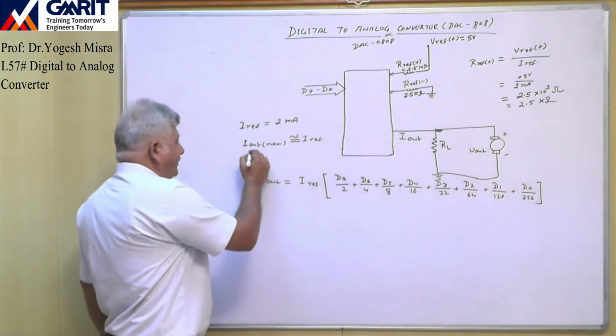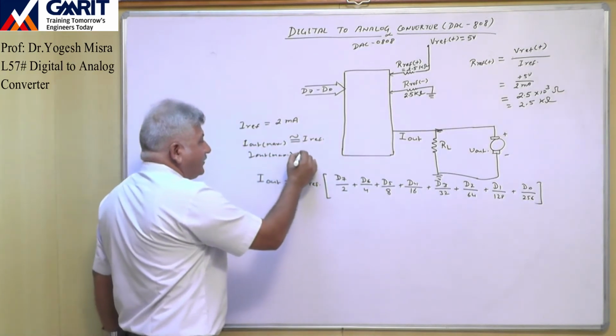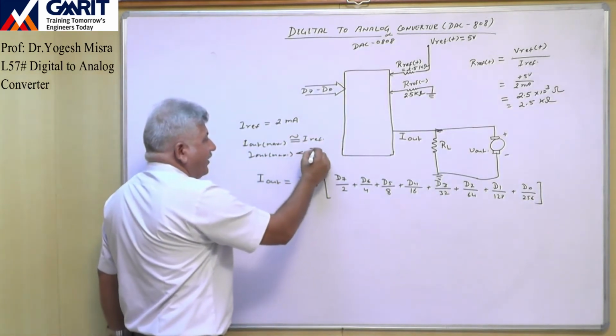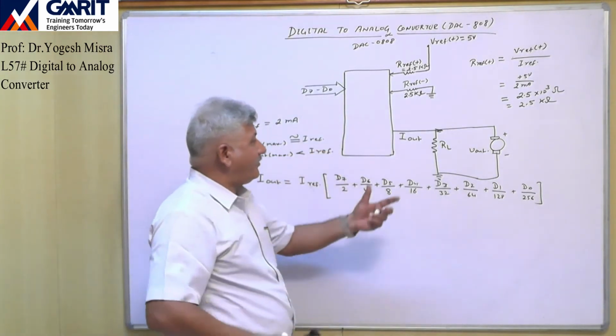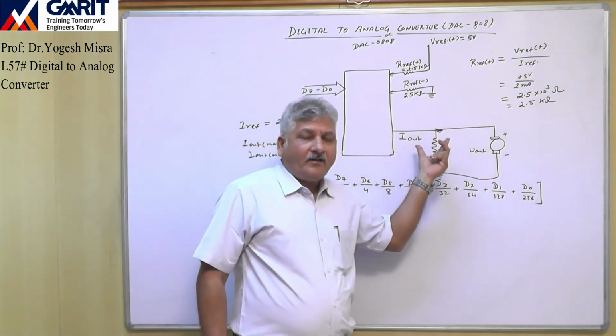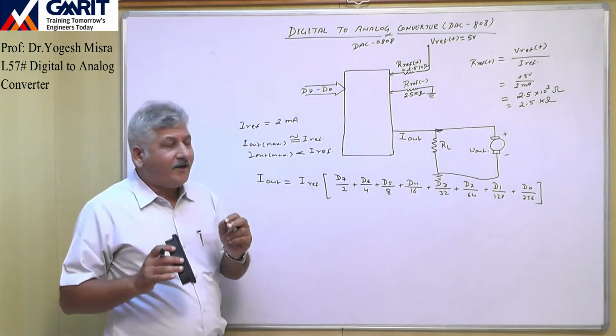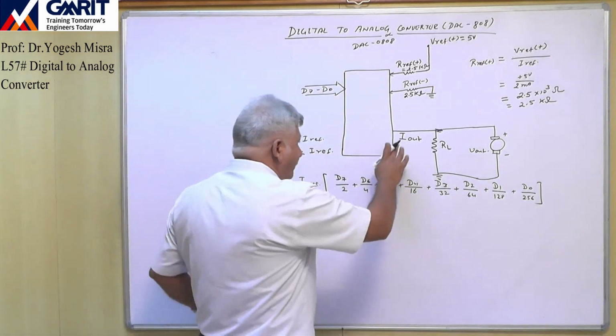So always I out maximum is less than I reference. So the maximum output current we can generate here will be slightly less than I reference. So what will be the maximum I out?